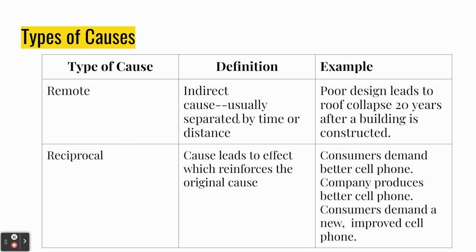So we don't draw female characters in a way that girls want to look at them. And so females don't buy comic books. And so we increase the ways that males want the female characters drawn, and we drive more females away. And it just keeps reinforcing that situation. It's a reciprocal cause. All of these types of things might be things to look at as you're writing your paper. Even if it's a speculative paper, I think you can take a look at all of these as parts of your cause and effect.